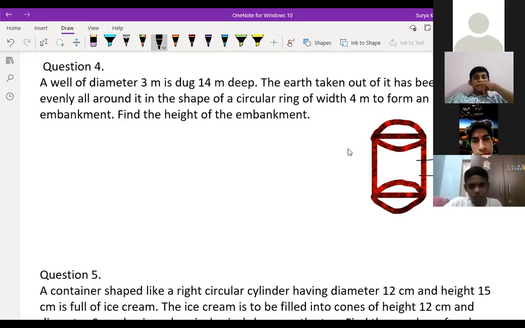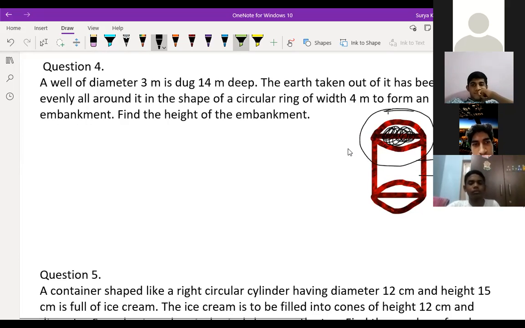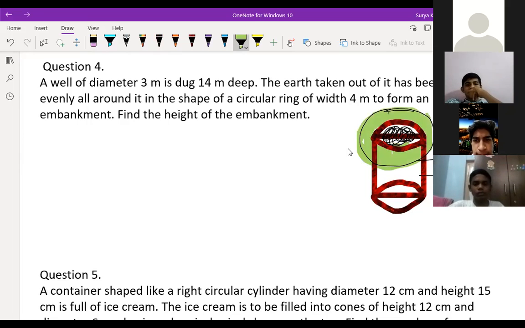The mud from inside we take out and spread around the well on the surface, and the width of this ring is given as 4 meters, to form an embankment. So find the height of the embankment.